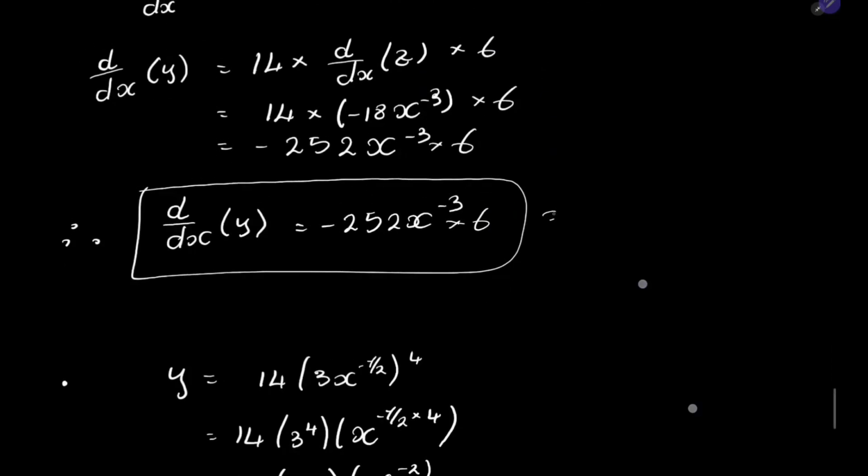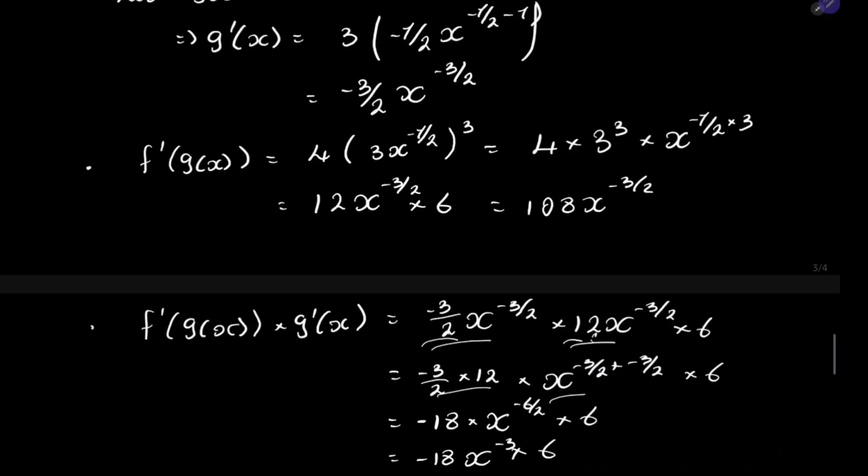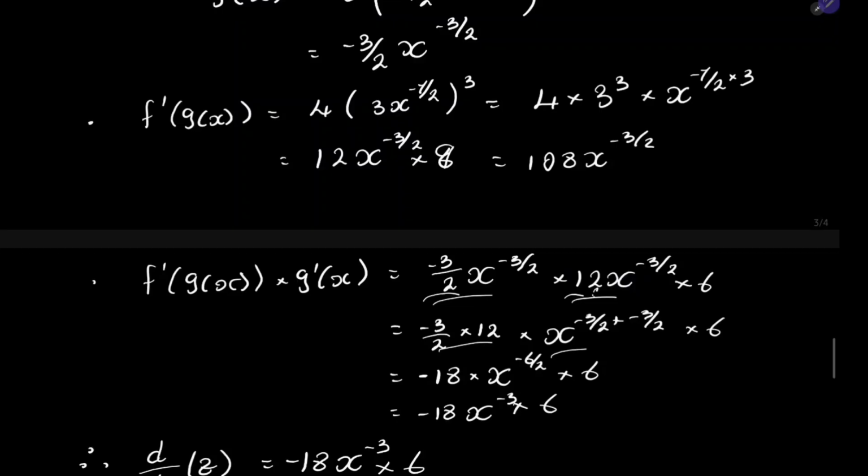Which gives us negative 252 times 6. Sorry, another error: 3 squared is 9, so times 9, not times 6. So this is 108 times 9, not times 6. 12 times 9 gives us 108, yes, perfect.